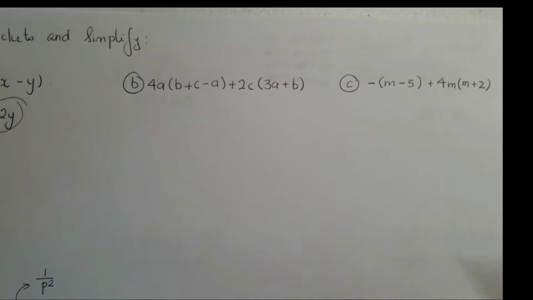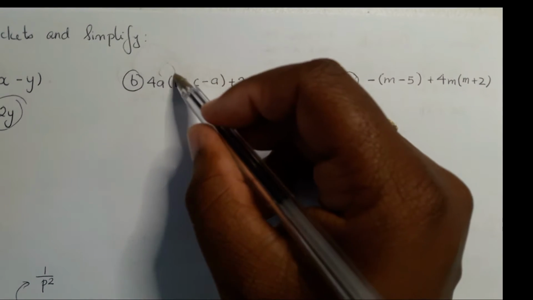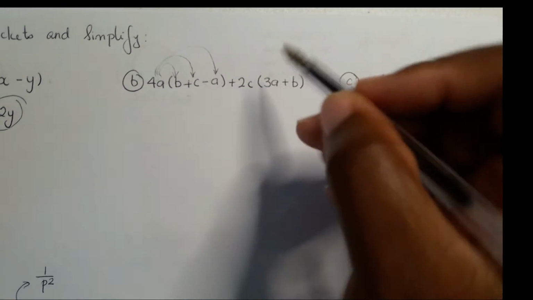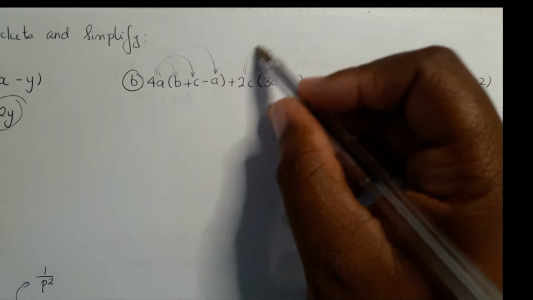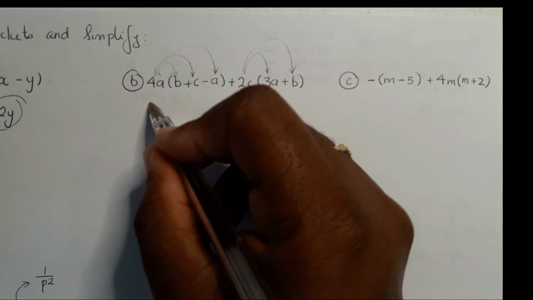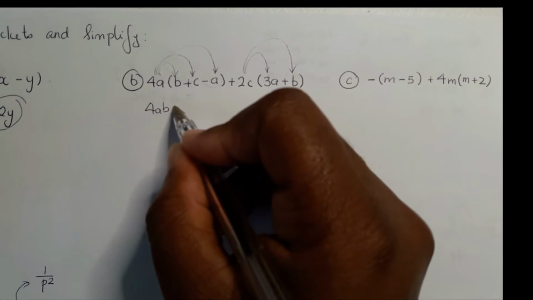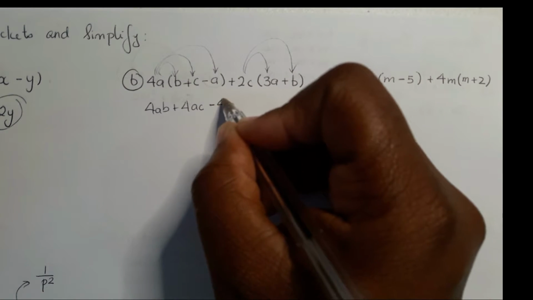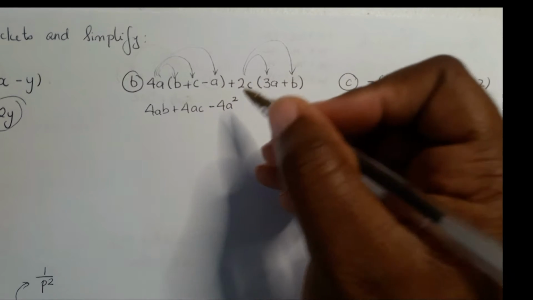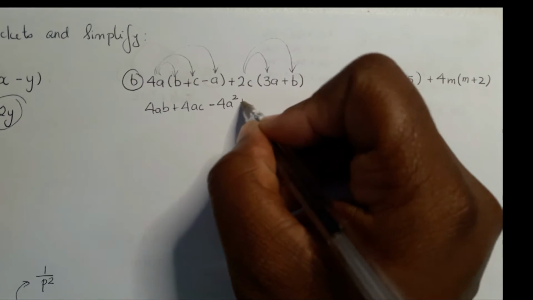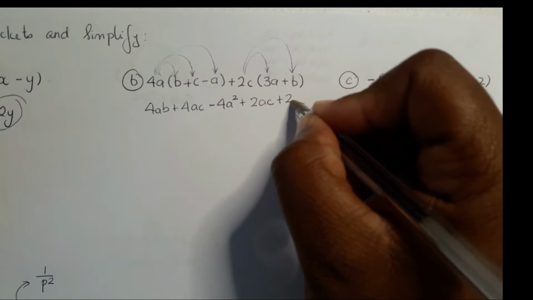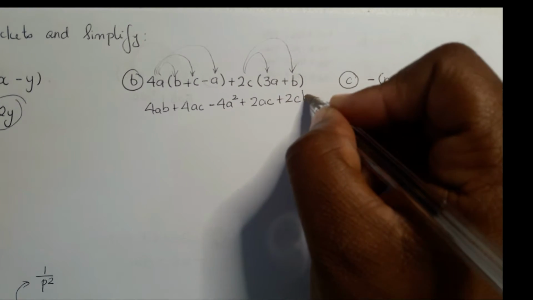Okay, now let's try this one. This multiplied by that, this multiplied by this, and this multiplied by this. Same idea for 2c. We're correct. 4ab plus 4ac minus 4a squared plus 2ac plus 2cb.